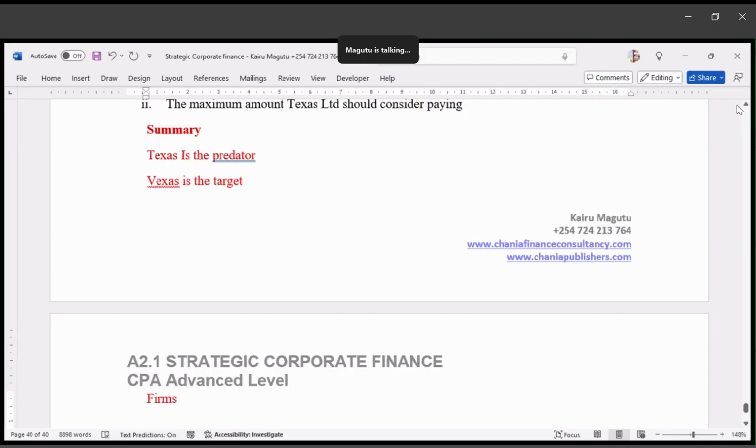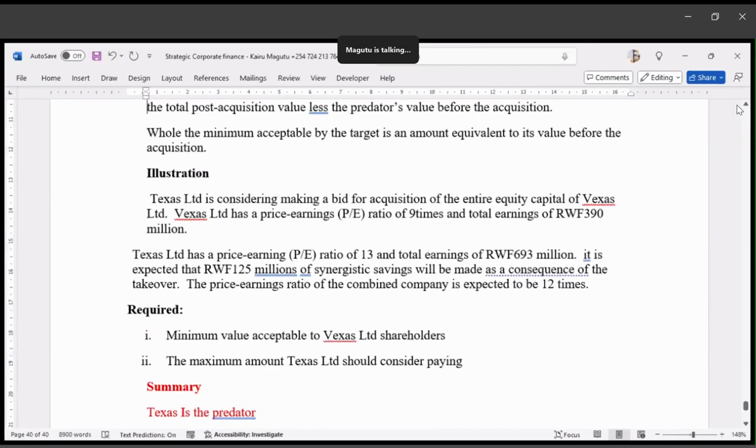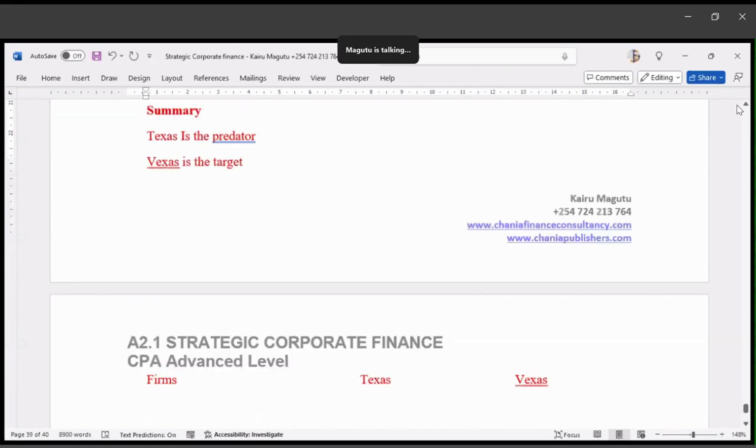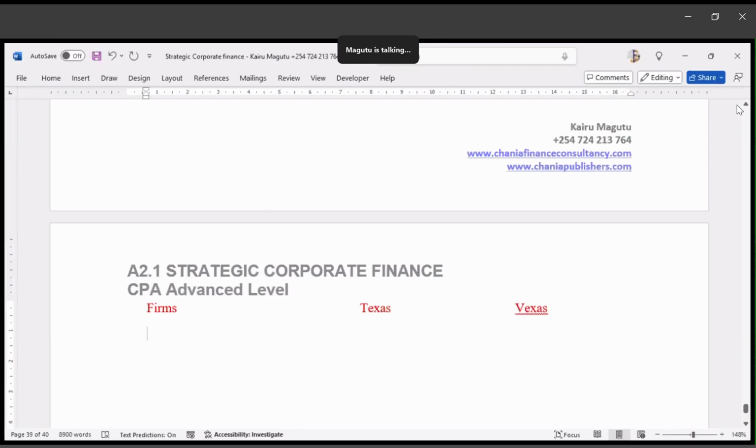So what information do we have? The two farms, we have one called Texas, and we have the other one called Vexas. Now, if we go back to the question, we are told a few things here. Texas Limited is considering the entire equity. Vexas Limited has a price earnings ratio of 9. So we need to do the price earnings ratio.